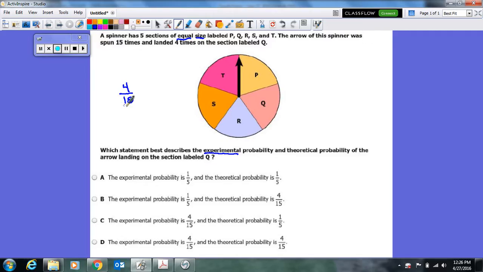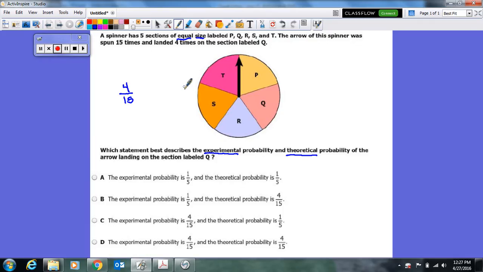Now, what should the probability be of the spinner getting spun 15 times and landing on section Q? Well, should is your theoretical probability. This is if we lived in a perfect world and we spun the spinner 15 times, it should land on section Q this number of times.